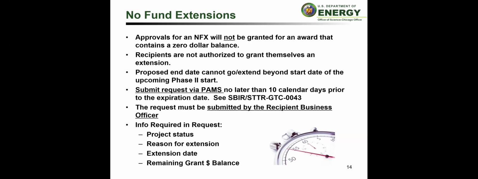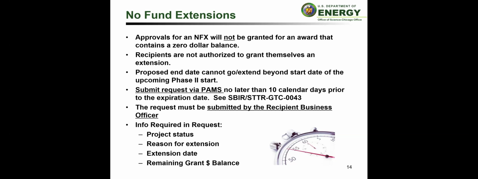I know 2 CFR does allow for certain entities to do that, nonprofits, institutes of higher education, etc., but not for-profit companies. For-profit companies cannot grant themselves a no fund extension. So again, prior approval by the DOE CO is required.